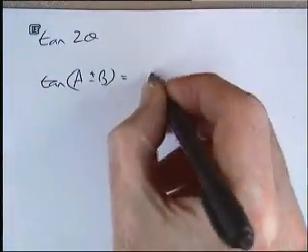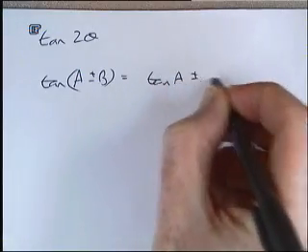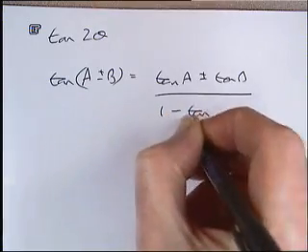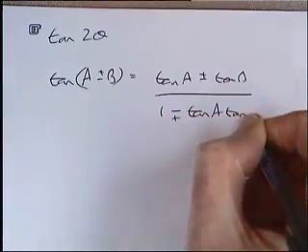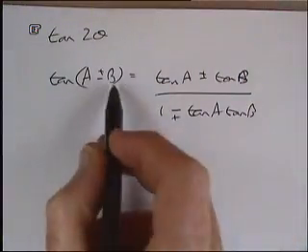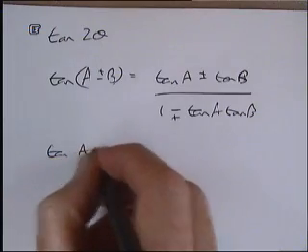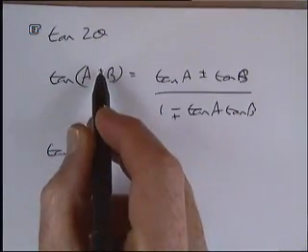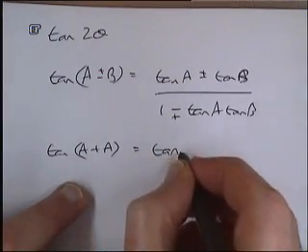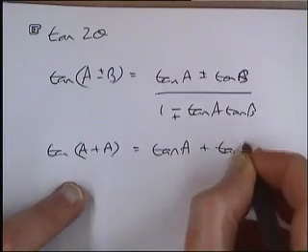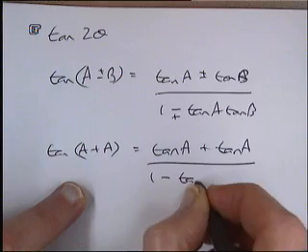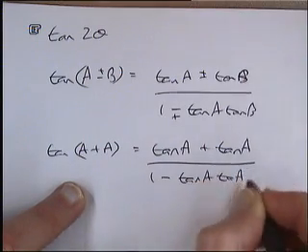In the formula book that's tan of a plus or minus tan of b over 1 minus or plus tan of a tan of b. So if you let b be a, in other words I'm doing tan of a plus a, and following the top sign here, this will give me tan of 2a. So it's tan of a plus tan of a over 1 minus tan of a tan of a.